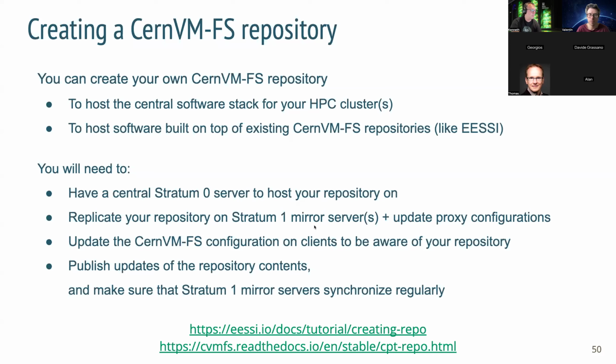That's not a wise thing to do, at least from a security point of view, and also to avoid any load issues. And likewise, for your proxy configurations, you want to make sure that they are able to also mirror for your repository, although I don't think you really need to update much there. It's mostly about the mirror servers, making sure they are replicating your repository.